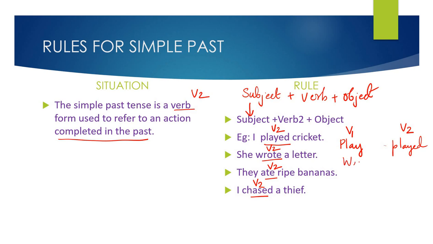Write we say in V1 and in V2 it becomes wrote. Eat we say in V1. In V2 it becomes ate. Chase we say in V1. In past it becomes chased. So this difference is what we learn in simple past. Is this clear?